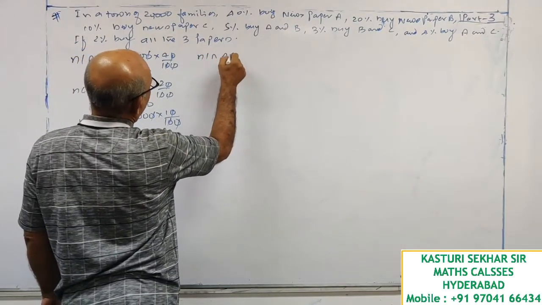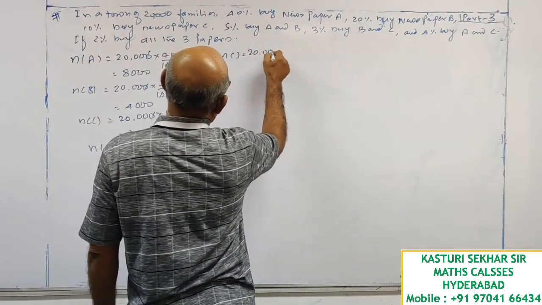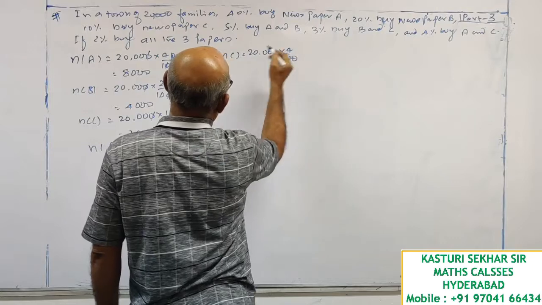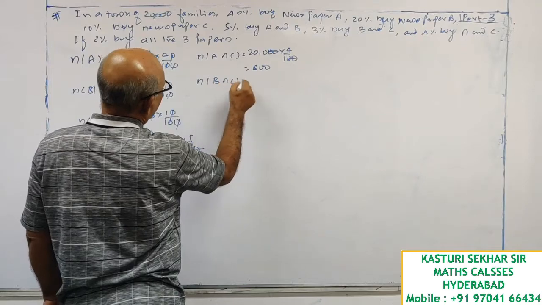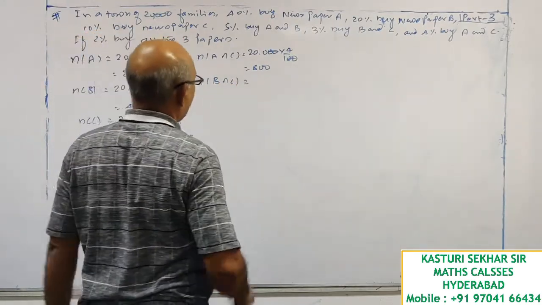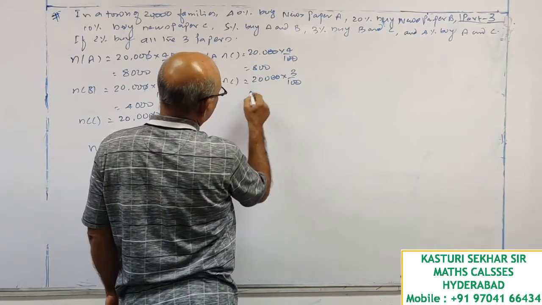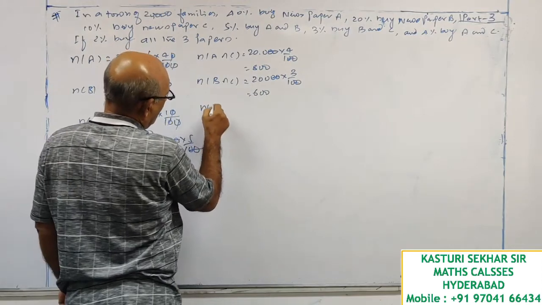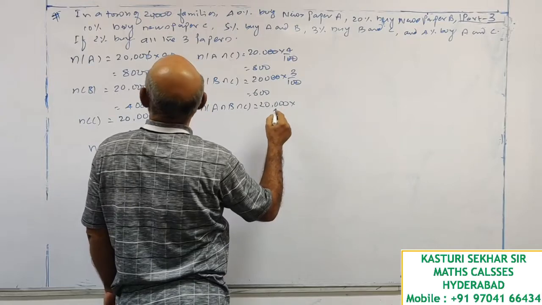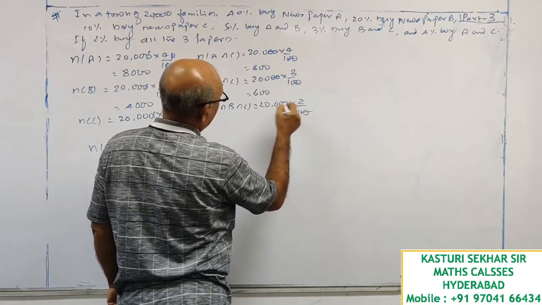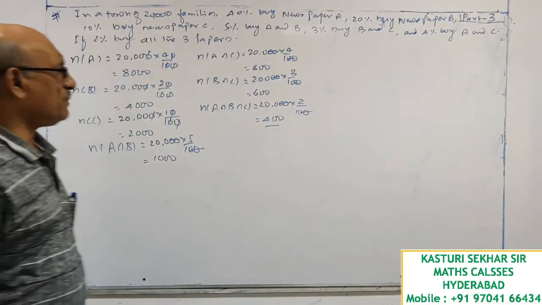N of A intersection C is 20,000 into 4 by 100, 800. N of B intersection C is 20,000 into 3 by 100, 600. N of A intersection B intersection C is 400. So the percentages are converted into numbers.